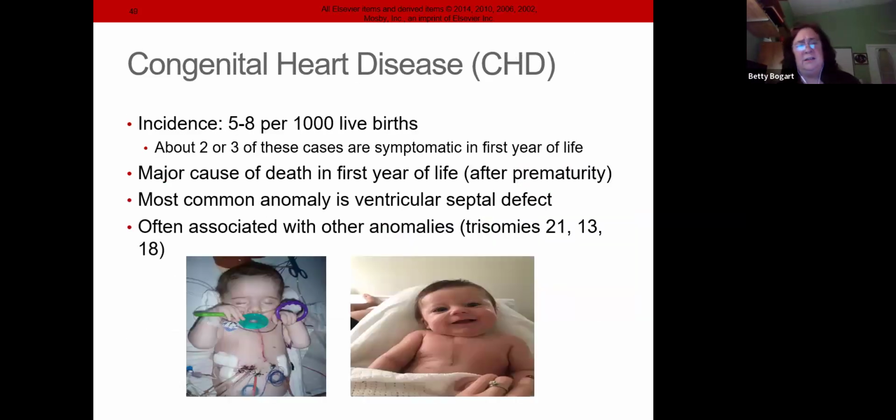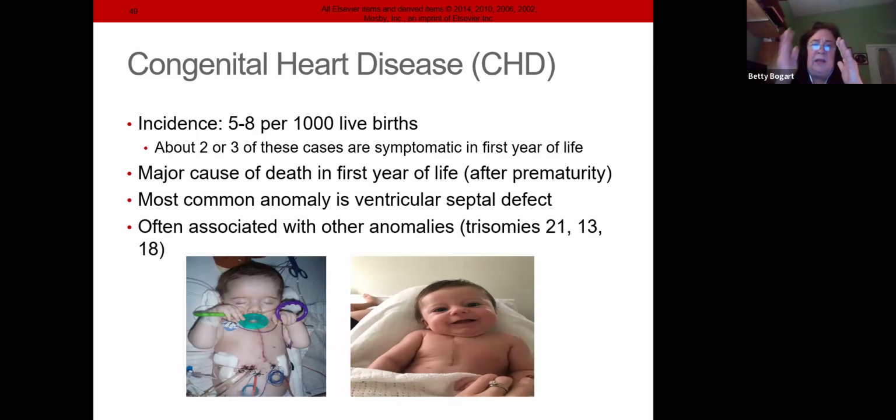Now, congenital heart disease. One of the biggest things is that ventricular septal defect. Well, what is that? Between the right and left side of the heart is a thing called a septum.